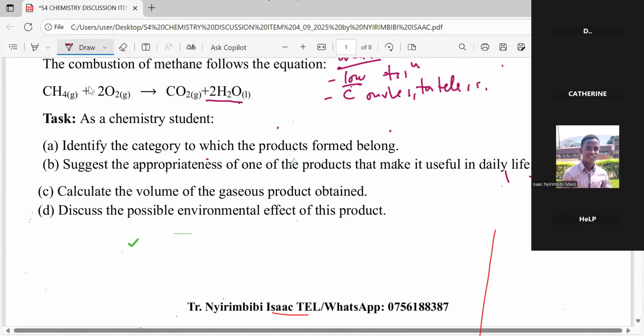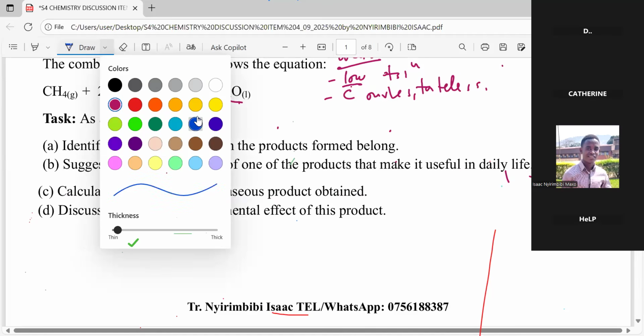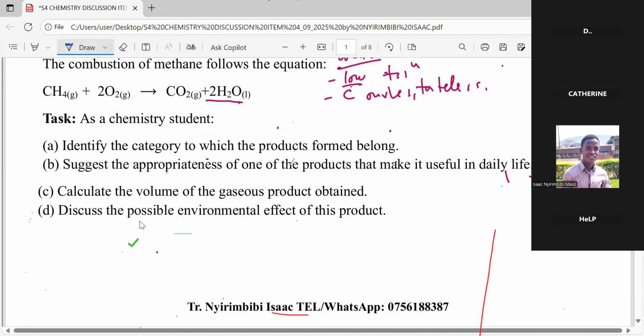Okay, now you're saying that we can say, maybe let's use this blue pen, that 1 mole of CH4 of biogas decomposed. First wait, is that a decomposition? I can use reacted. Yes, because when we look at it very well, it's not decomposing. Whenever it is decomposing, maybe there is heating, and it is only one substance we are heating to form other products.